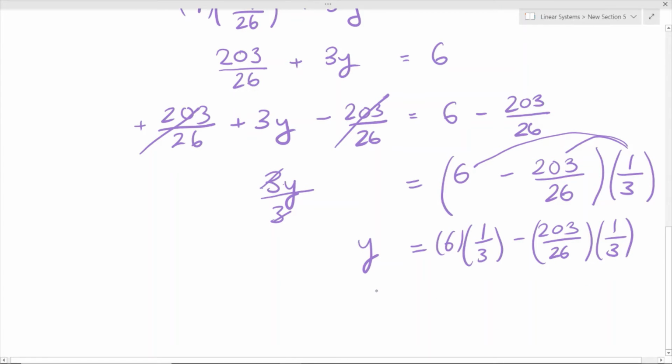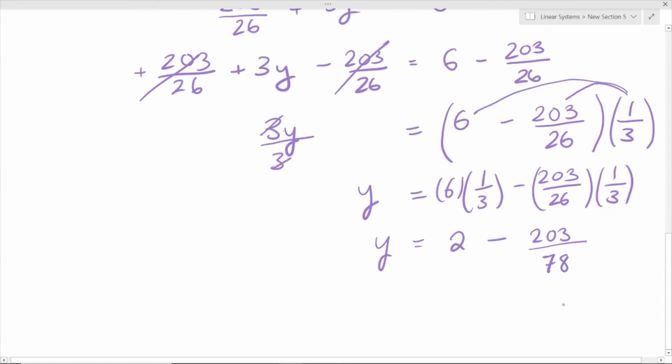Now 6 times 1 over 3 is basically 6 divided by 3, so that's going to be 2. And then minus 203 times 1, which is just 203. And 26 times 3 is 78, so I'm going to write 78 here.